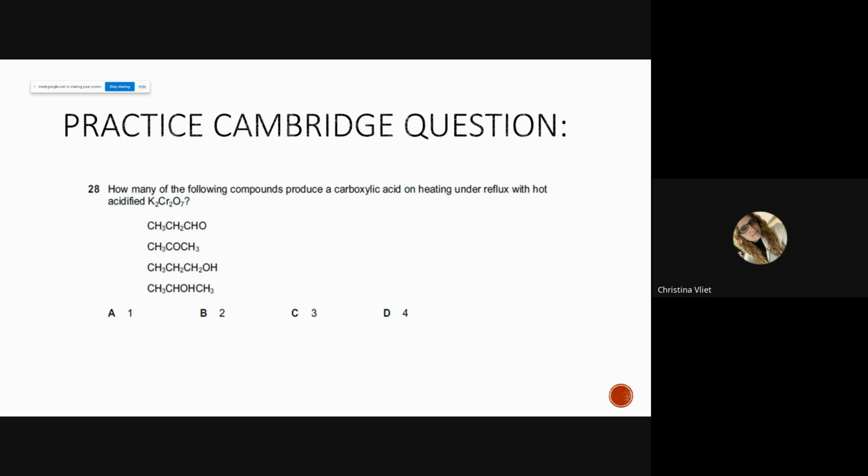All right, here we go. How many of the following compounds... so what paper is this? What question number is this? Fun fact. Where do you think the organic questions are on a Cambridge paper 1? 25 through 40.